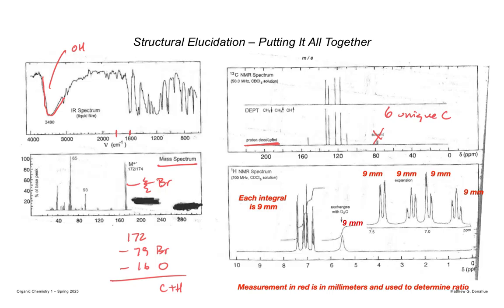You see the location of those carbon signals? What hybridization are the carbon atoms? sp2? So we're at 80, this is 100. So we start at about 110 and we have something about 150.